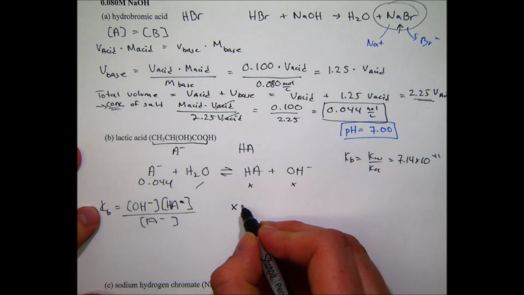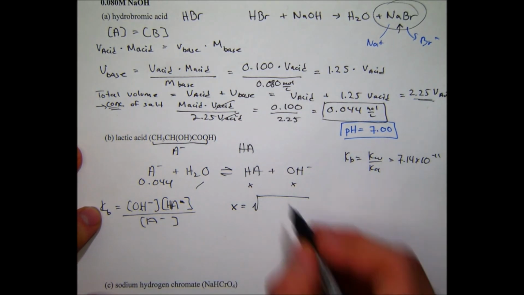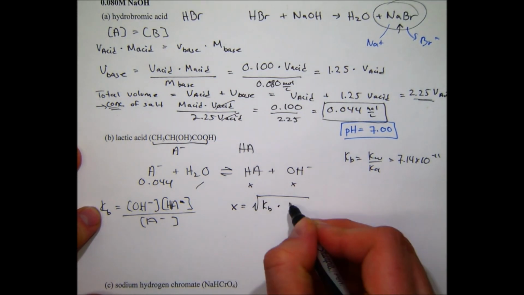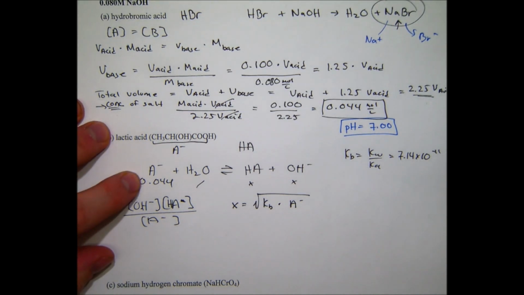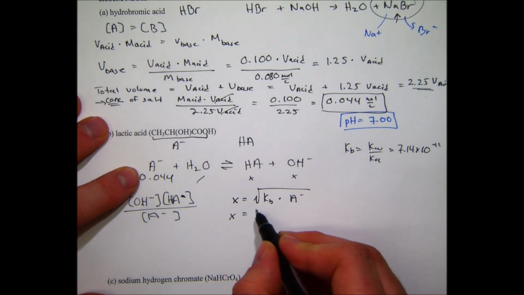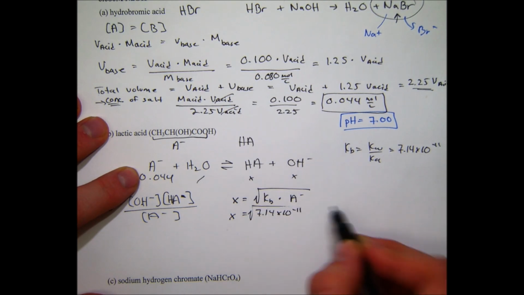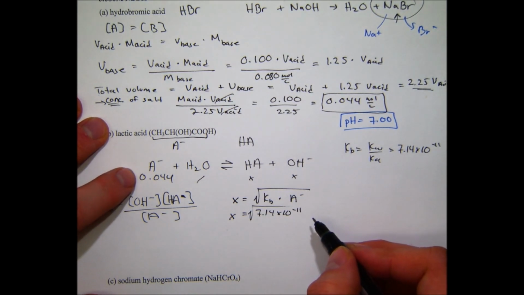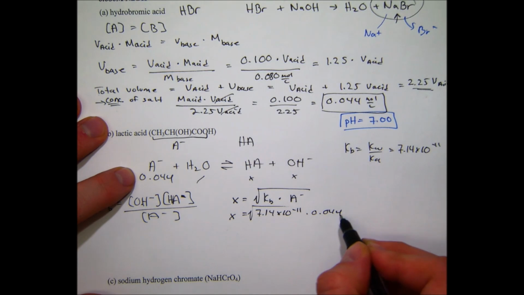X times X, so X squared, is going to be Kb times the concentration of A minus. We will assume that the loss of X from the 0.044 is negligible. And X is equal to the square root of 7.14 times 10 to the negative 11 times 0.044.